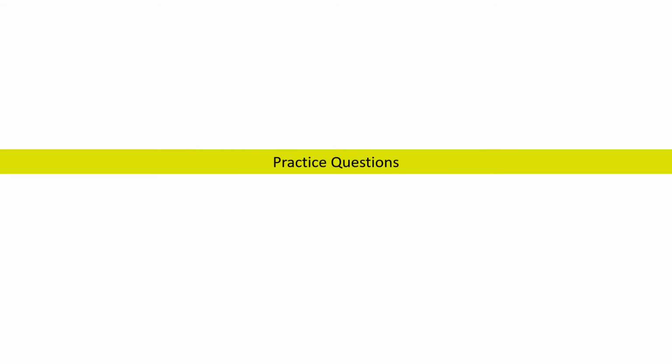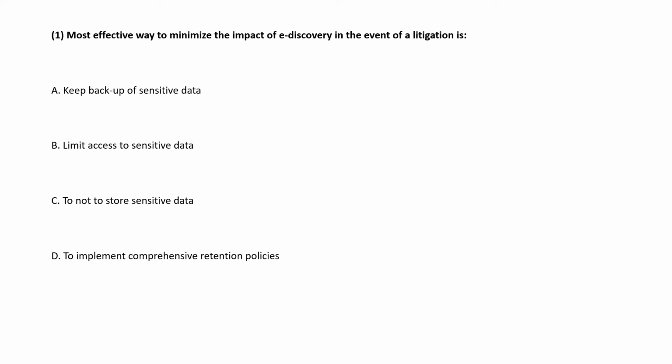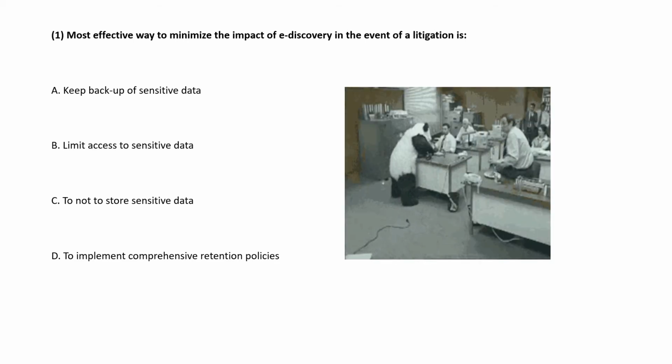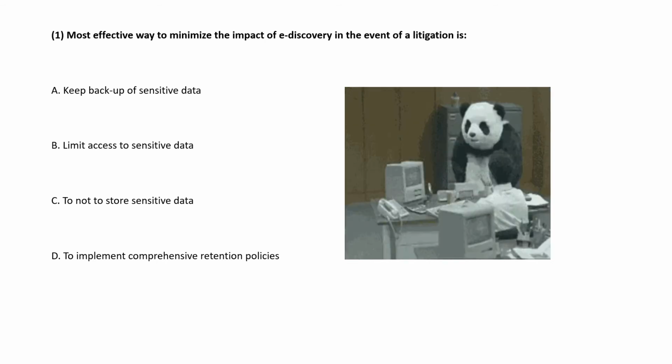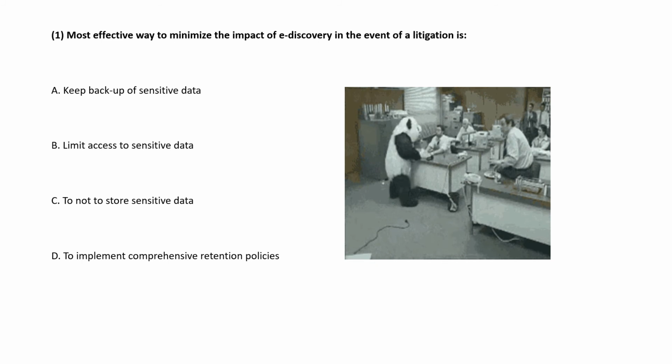Let us now discuss some practice questions. Question 1. The most effective way to minimize the impact of e-discovery in the event of a litigation is... So in simple terms, the question is how to minimize the impact of evidence destruction. So your evidence is destroyed.